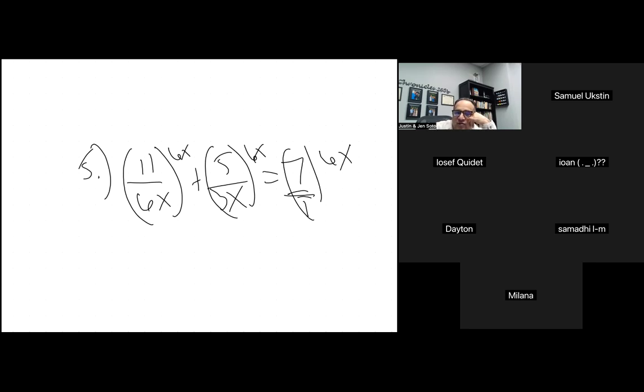Well, this just cancels out, which is 11. This x cancels out with this x. This becomes 1, and this becomes 2, because 6 over 3 reduces to 2 over 1. So I still have to multiply this 2 right here by this 5. This is completely gone because it's 6x on both spots.